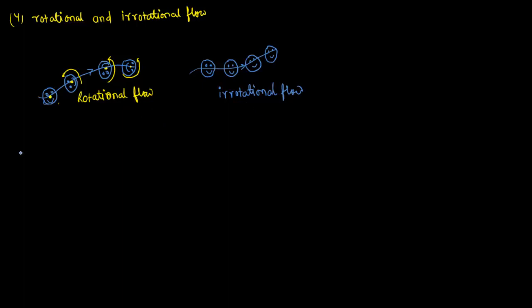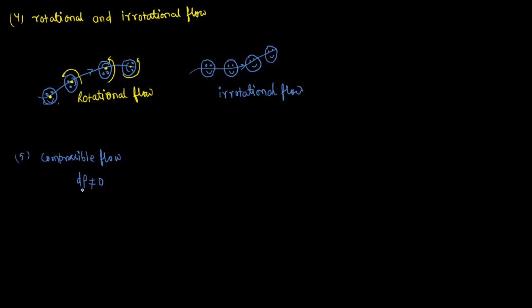In the next category, we are defining compressible and incompressible flow. When we are saying the flow is compressible, we are defining it based on the density. If the flow density is going to change, then we are defining the flow as compressible flow. That means the change in density is not equal to 0.